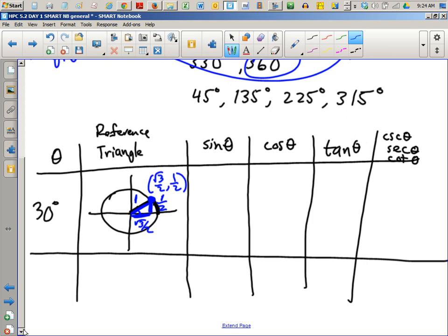Therefore, cosine is rad 3 over 2. Sine is a half. Tangent will be y divided by x. So this part you kind of have to think about. What happens if you divide a half divided by rad 3 over 2? You're going to get 1 over rad 3, also known as root 3 over 3.